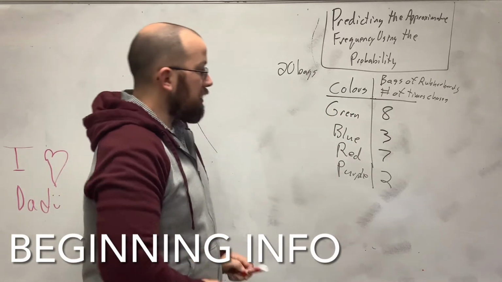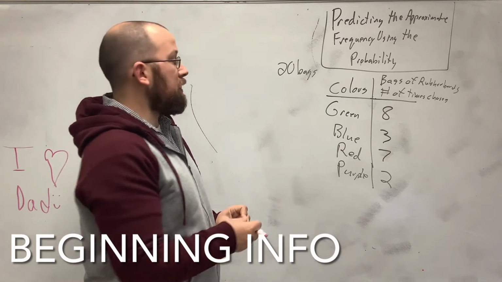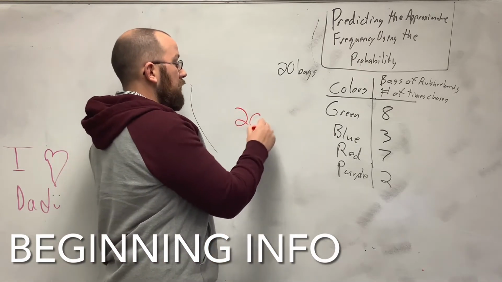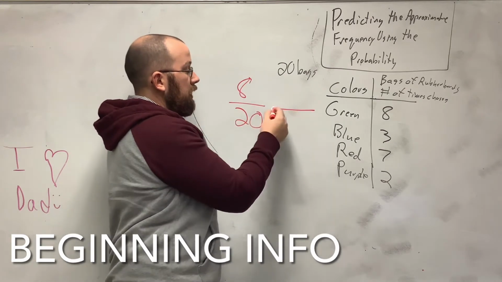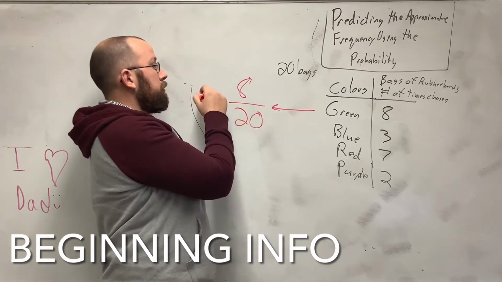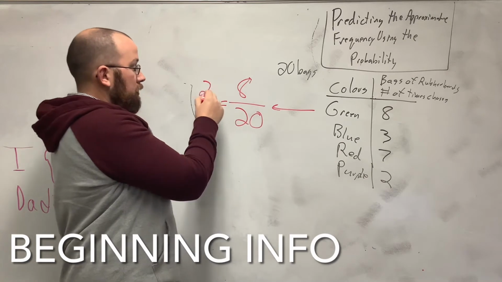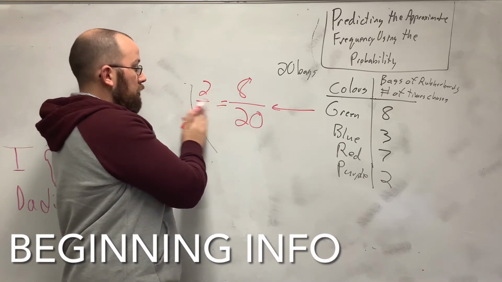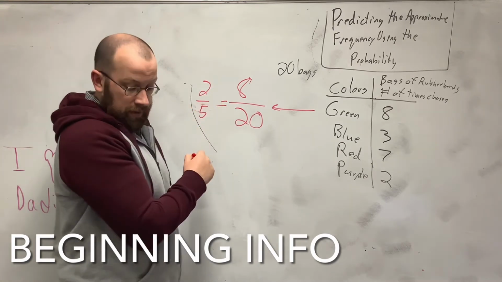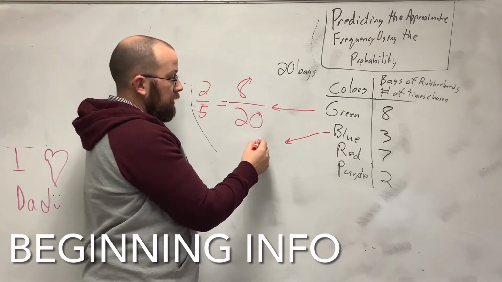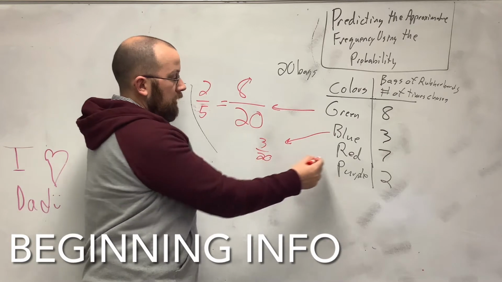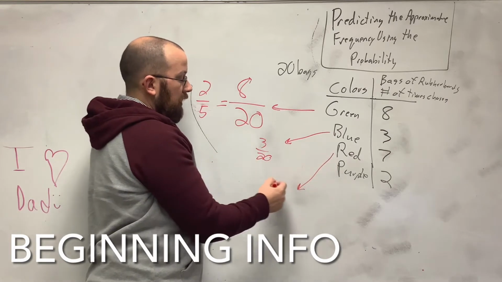So what is my relative frequency? My relative frequency is the number of times I get it over how many times I do it. So my green is 8 over 20, which is equal to 2/5. My blue would be 3 over 20, which doesn't simplify.